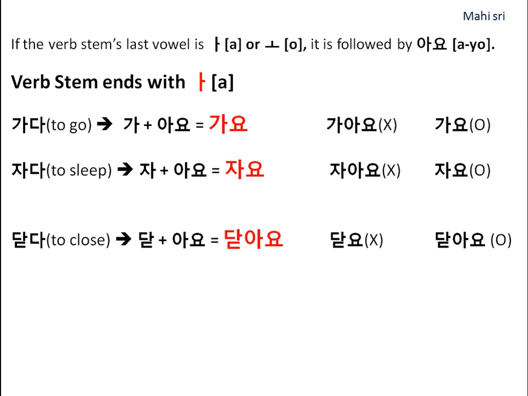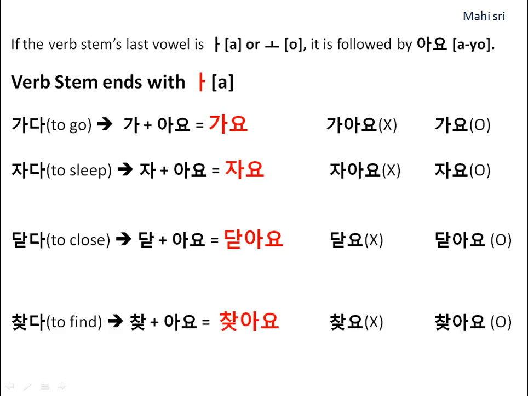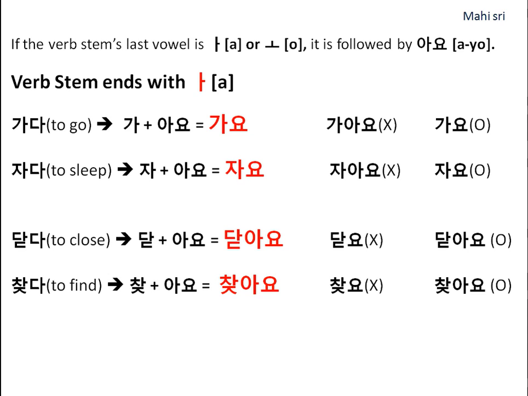The khada and chada verb stems don't have a final consonant, which is a batchim position. Here datda and chatda, to find, have batchim positions, so they are followed by ayo, not just yo. You can find the difference by watching these. Chatda, to find: chajayo, right? You can omit that yo part depending on how you're speaking. If you're speaking in formal language, you have to use that yo, and if you're not, you can remove it.